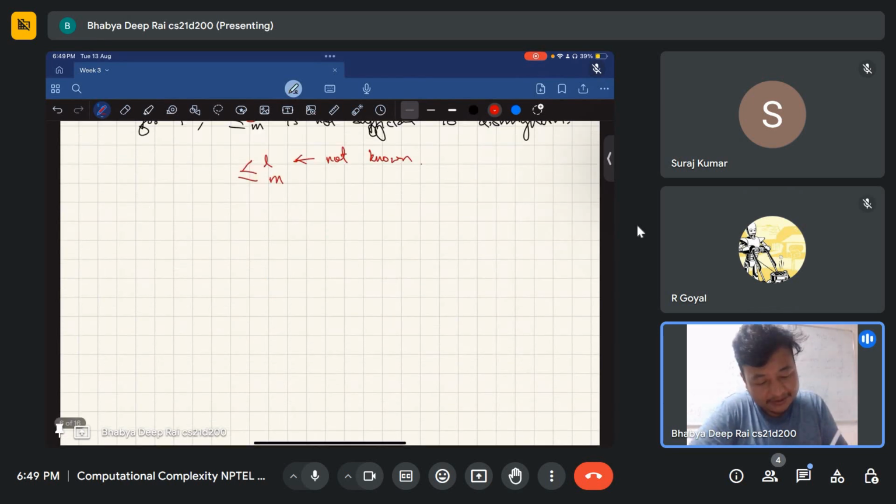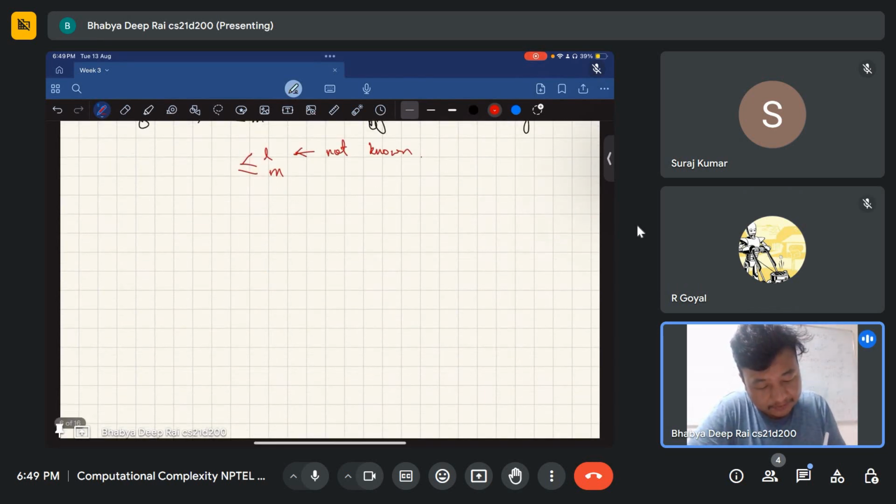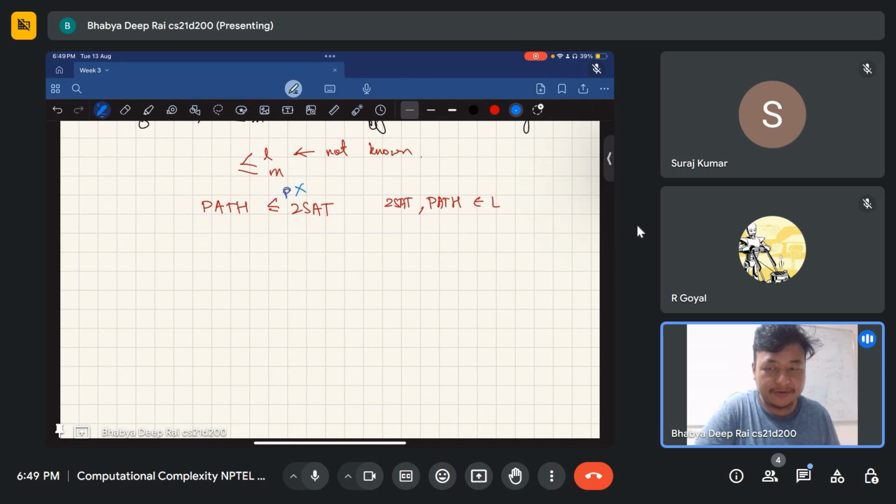So for example, if you want to show that PATH reduces to 2-SAT, and both are in P, you cannot use polynomial time reduction. Why? Because this is obvious: both of them are in P, and obviously they reduce to each other in polynomial time.